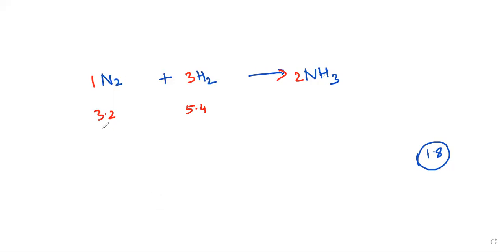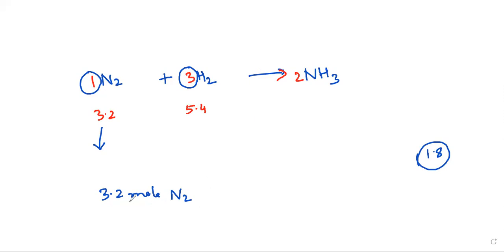The mole ratio is 3 to 1. You can also find it by just dividing the moles by the stoichiometric coefficient. That also can be done, but this is the way I would do it. I think this method will work a little faster.